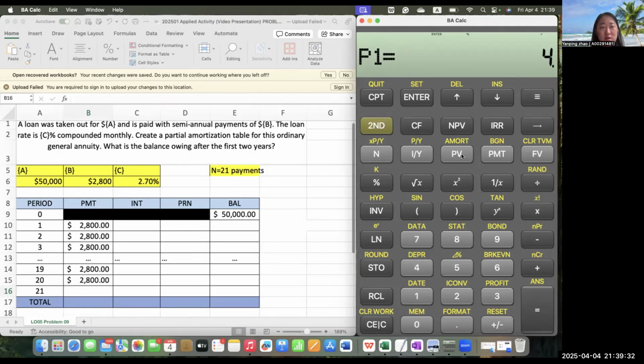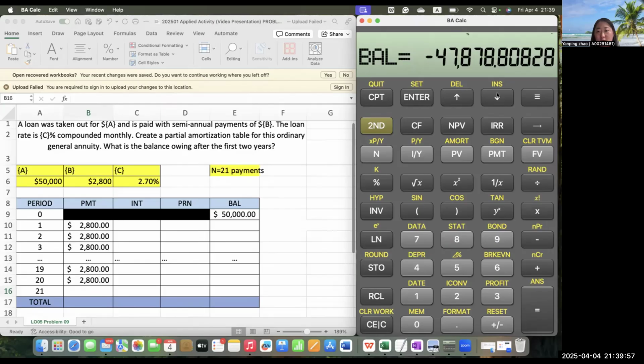It means P1 is 1, enter. P2 is 1, enter. We can get the balance at the end of interval 1, which is negative because that means you owe money.